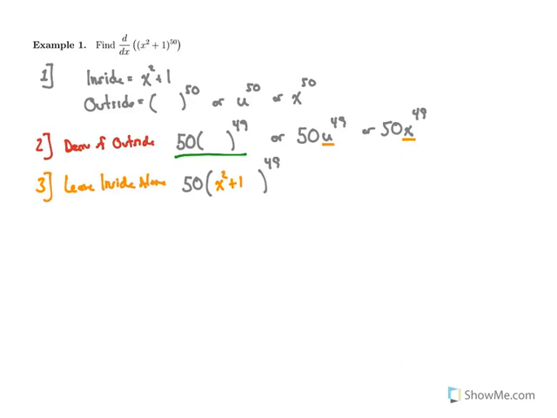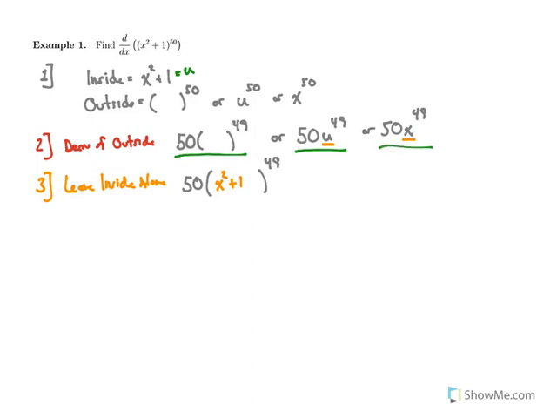The nice thing about writing 50u to the 49th is that it's clear that u is different than x, something we need to substitute in for. That's the nice thing about u equals x squared plus 1. But it's a little bit more difficult because we have to introduce a brand new variable into the equation.